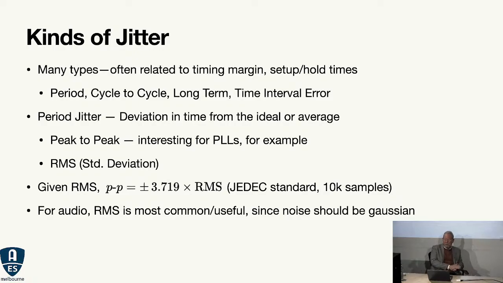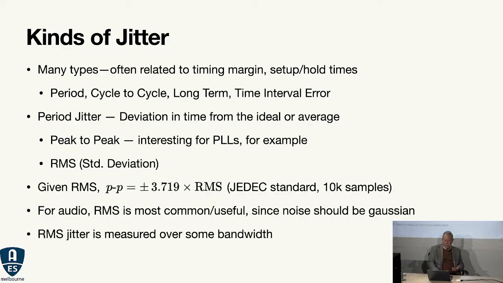For audio, though, the most useful is RMS, because we're talking about basically noise, and that noise is, as I said, flat white Gaussian noise. And RMS is a good measurement for that. It's worth noting that when you're measuring jitter with an RMS measurement, it's measured over some bandwidth.